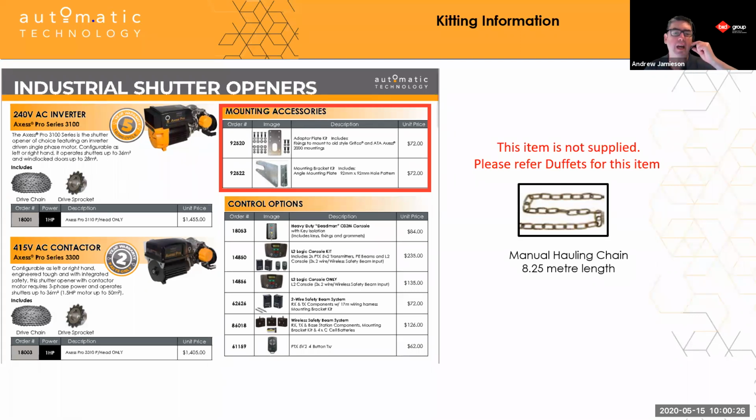So that adapter kit that you see, 92520, is taking into account the MD58 style of Grifco, the very early range. So we've got an ability to swap out all of the range in the Grifco for one.